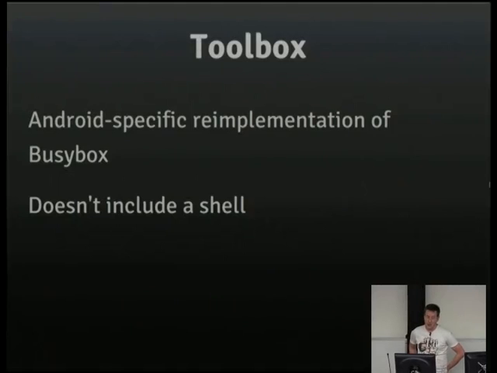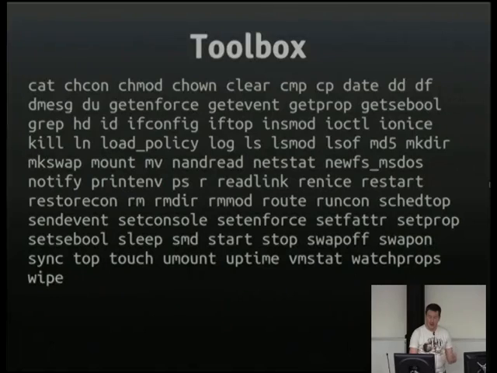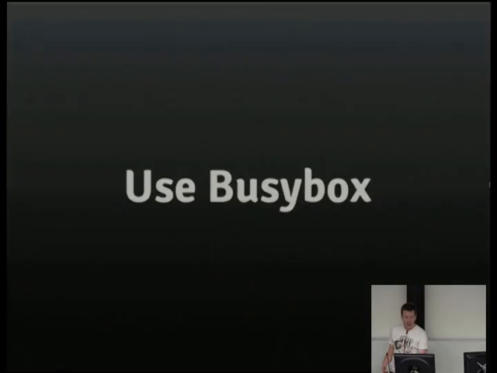So BusyBox was the obvious thing to put on there for the userland tools, but BusyBox is GPL licensed, and the copyright holders of BusyBox are quite litigious, and therefore they needed something else. So they wrote Toolbox. It doesn't include a shell, they use a separate one. It basically re-implements a subset of what BusyBox or a regular GNU or BSD userland give you. There's about 70 odd things. Unfortunately, it does most of them quite badly.